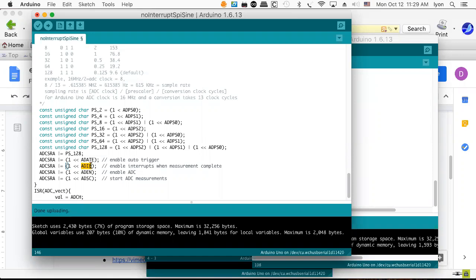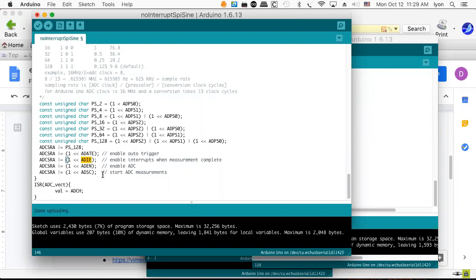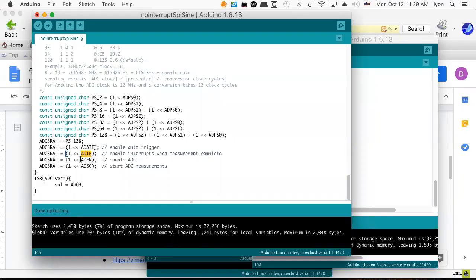Then you enable interrupts over in here, and you enable your ADC, and you say, okay, start free running and convert whenever you can, and then generate an interrupt. What happens is you'll get an inversion of control. When the ADC is done converting, the interrupt occurs and it'll call the interrupt service routine, ISR, with the ADC vector.